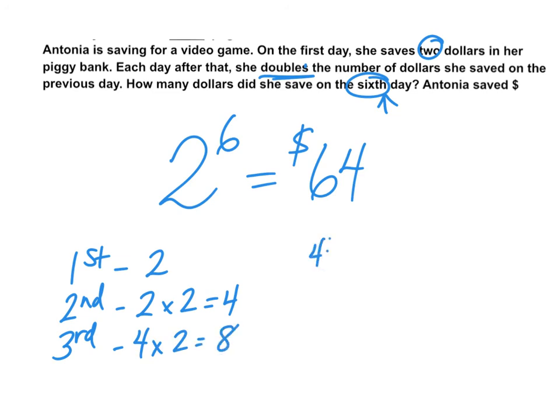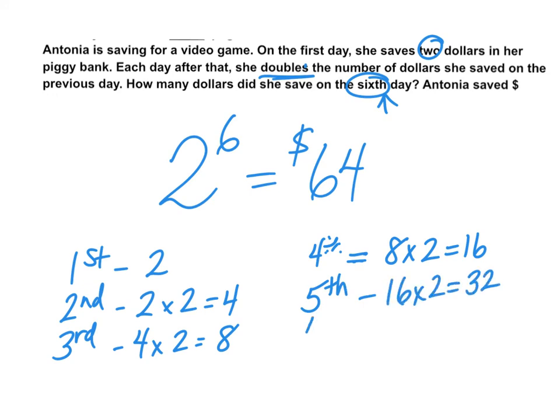On the 4th day, she has $8 and she doubles that. So that's $16. On the 5th day, she has $16 and she doubles that. So that's $32. And then on the 6th day, she has $32 and she doubles that. There is our answer, 64.